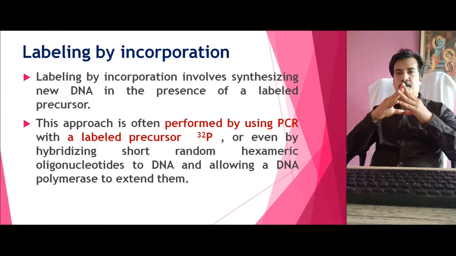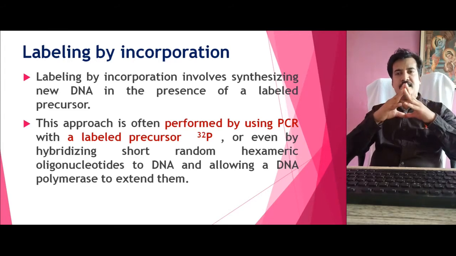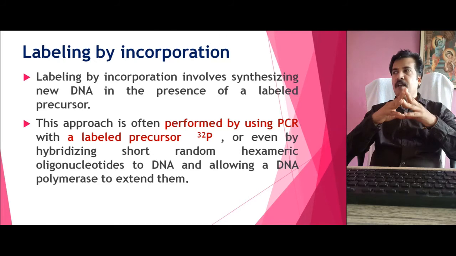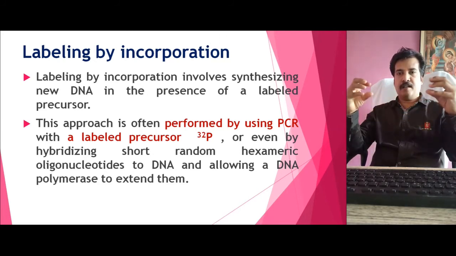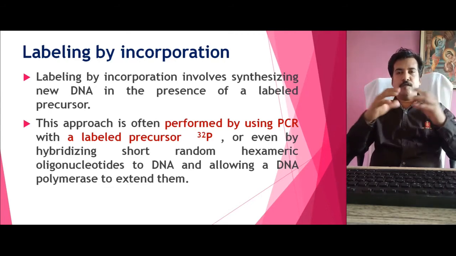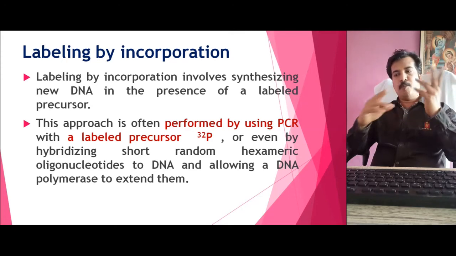These precursors are generally used. And how we can synthesize this is with the help of a PCR, which produces a short length oligonucleotide of the DNA with the help of the DNA polymerase enzyme, and we extend it until we get the required length of the probe DNA. These are the two ways we can synthesize a probe DNA.